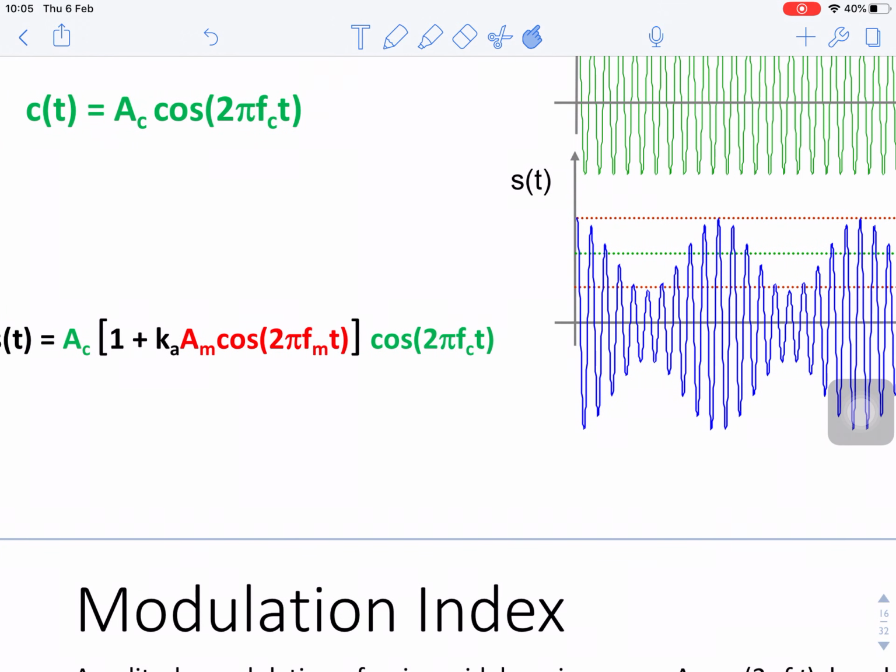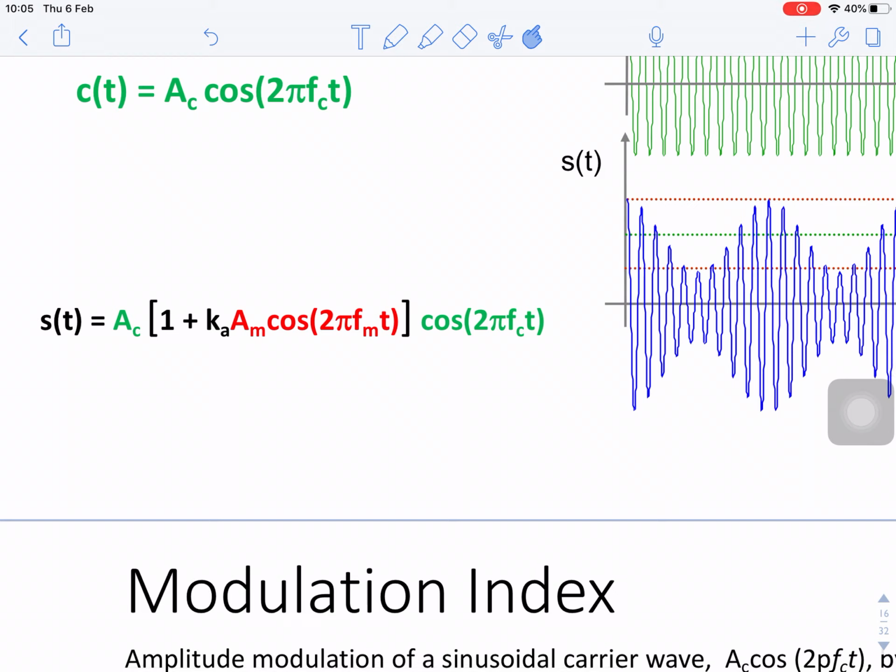The first thing is that we must multiply two cosines together, because we need the frequency to be shifted. The reason is that we want a higher frequency.